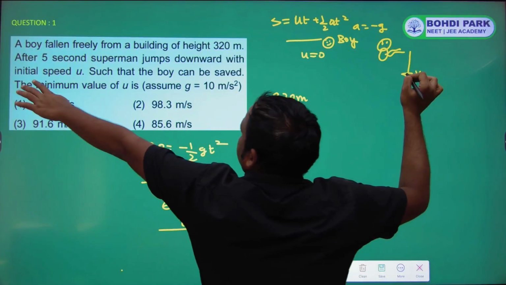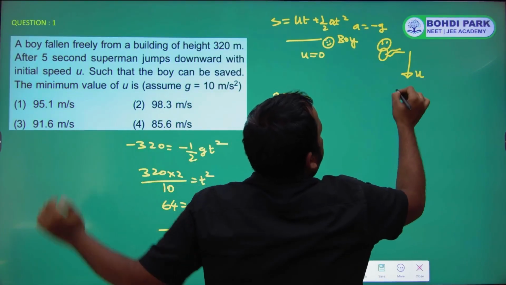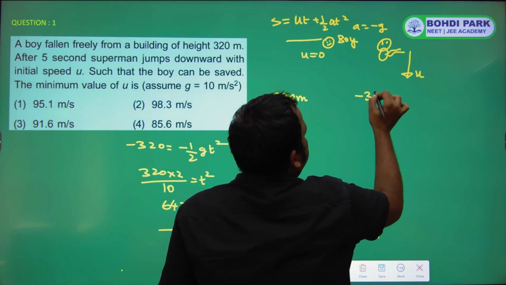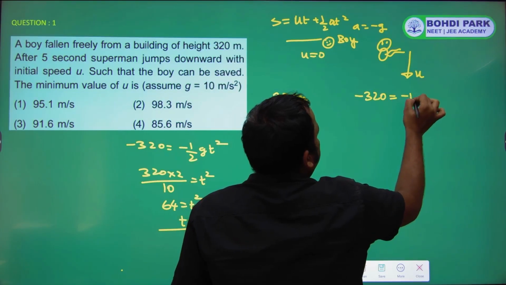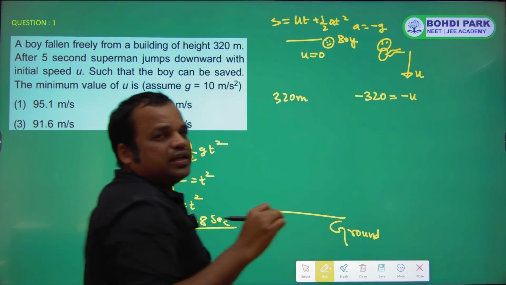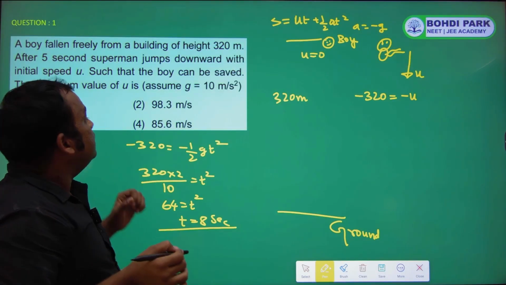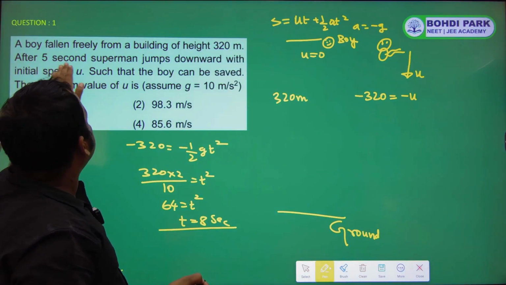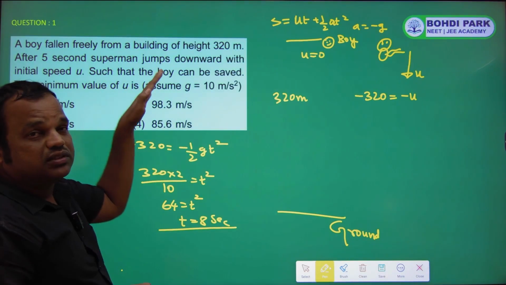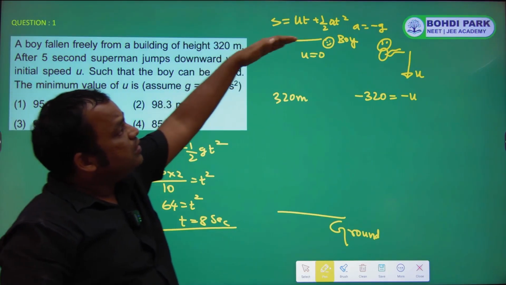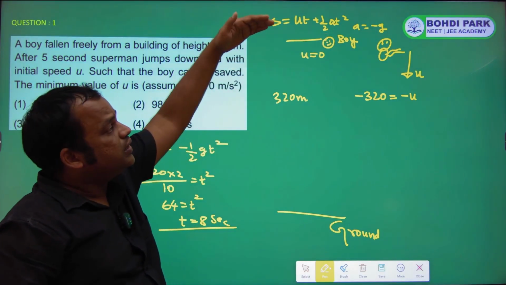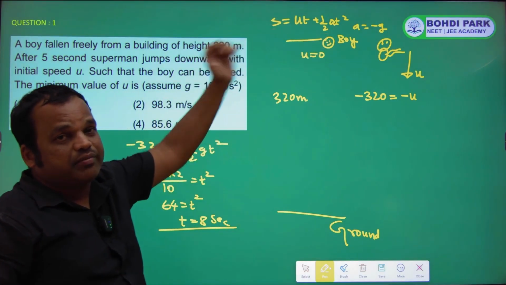Okay, initial speed u. So we will use S is equal to ut plus half at square: minus 320 is equal to minus ut. For that t will be 5 seconds less, because after 5 seconds Superman jumps. So the time taken by the boy is t, so the time taken by the Superman will be t minus 5.